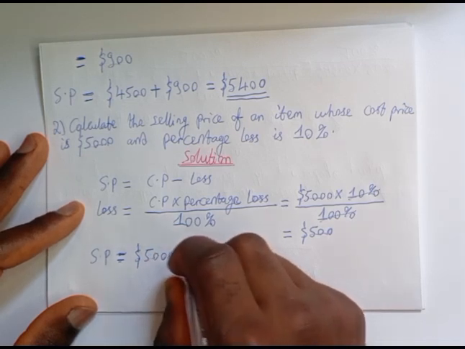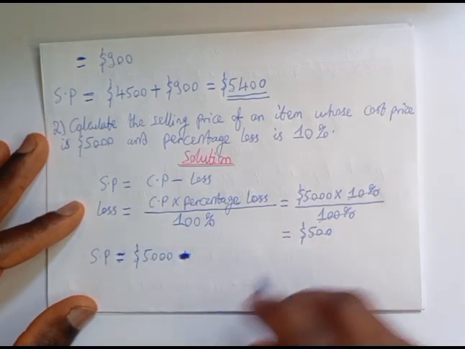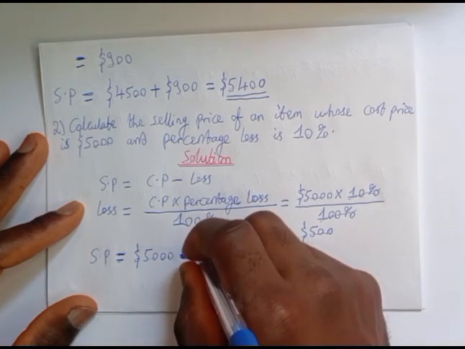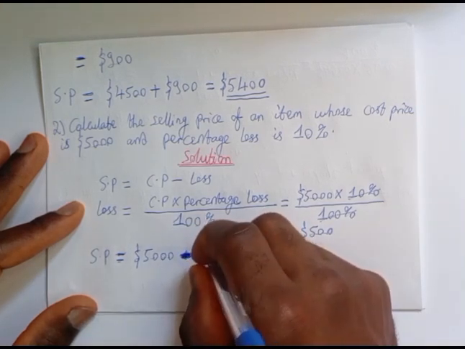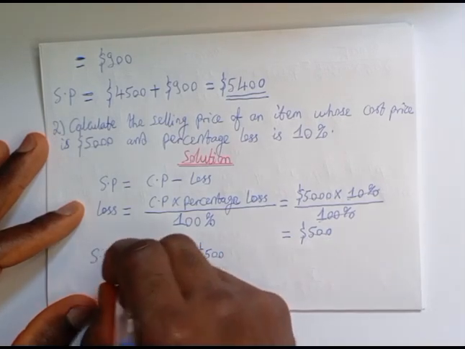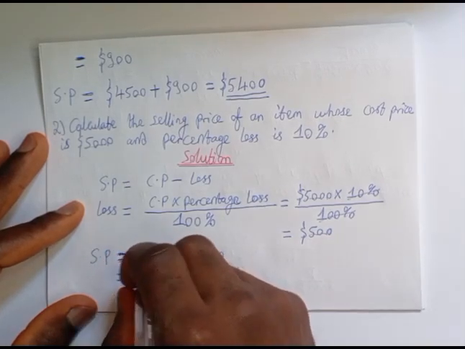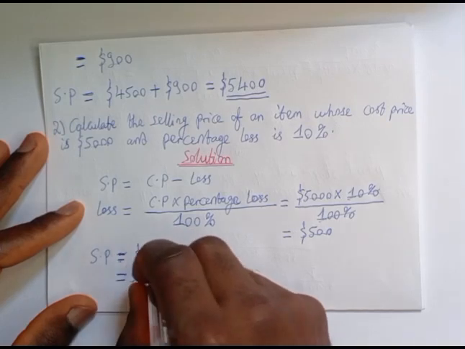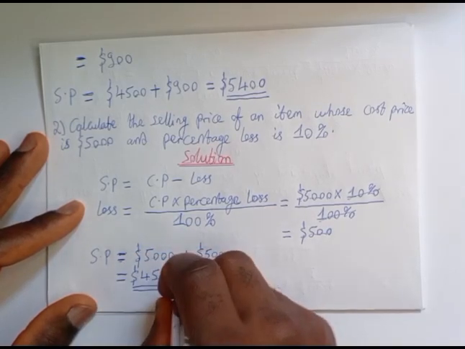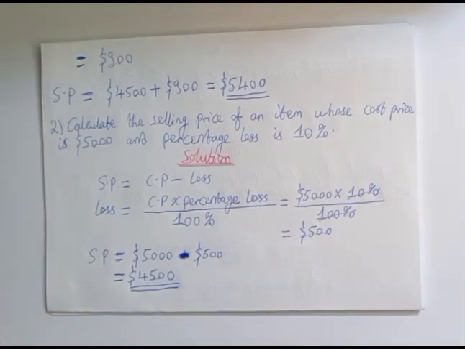Then we subtract the loss made, which is $500, and this will simply be equal to $4,500. This is the selling price of the item for which a 10% loss was made.